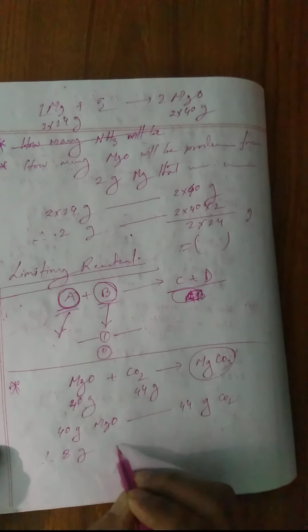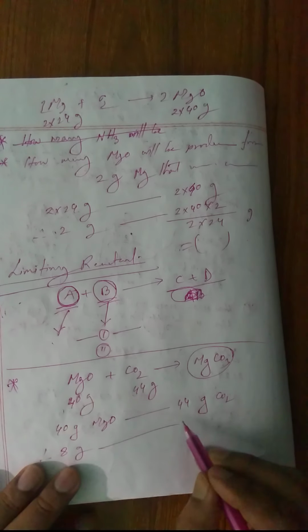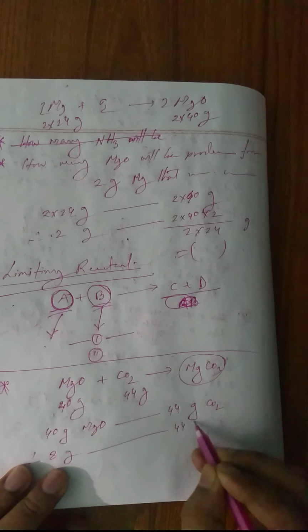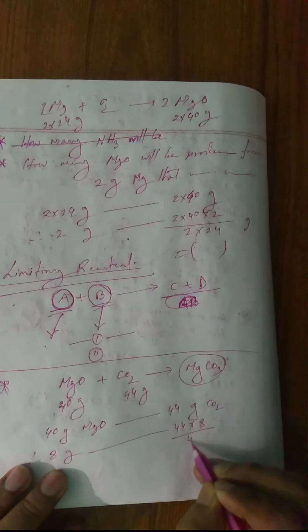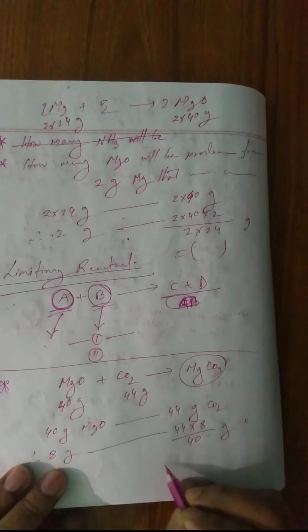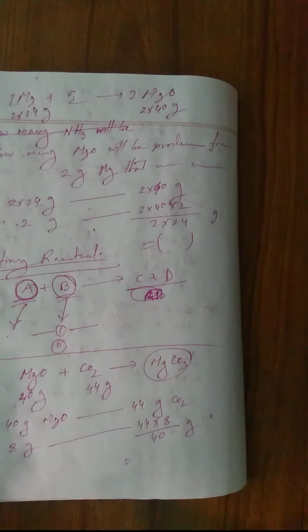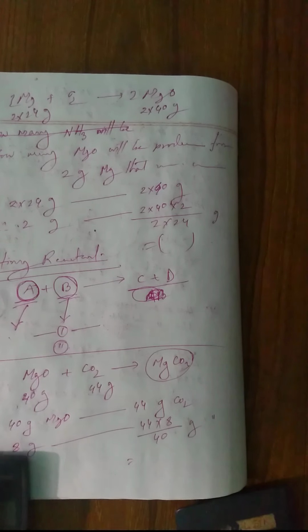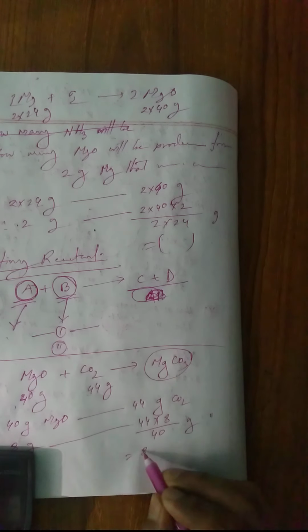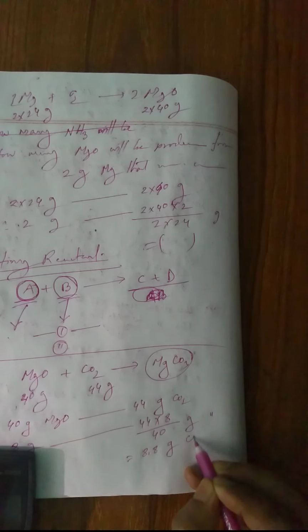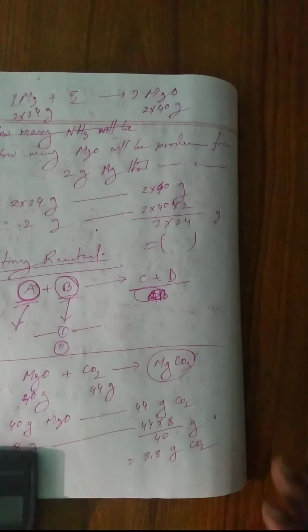So for 8 gram MgO, 44 into 8 divided by 40, this will be 8.8 gram CO2.